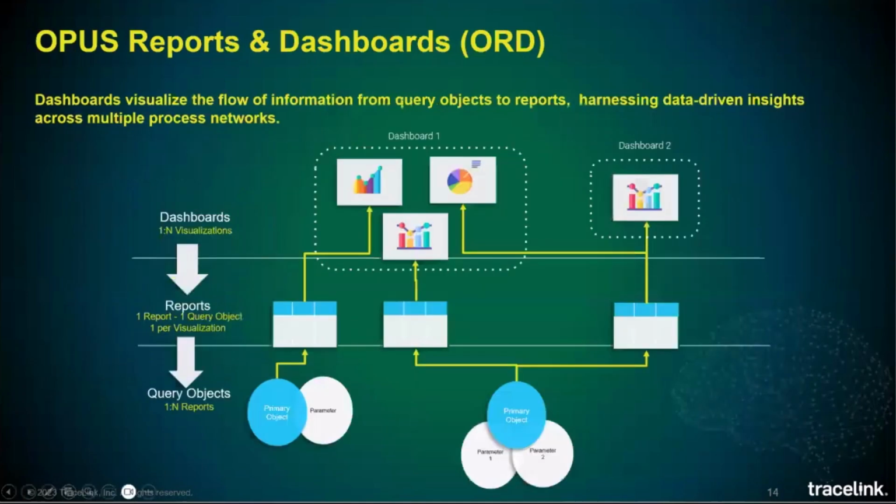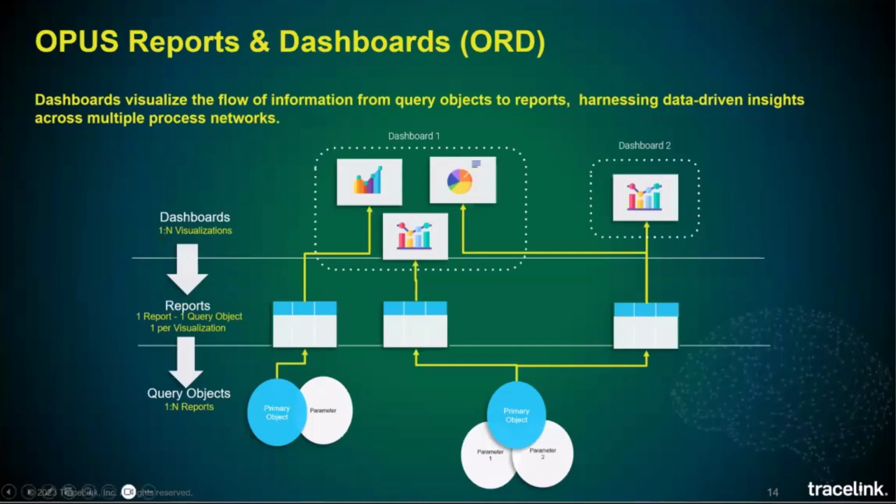And to wrap up from a slide standpoint, it's really all based on query objects. So we start at the bottom and work our way up. We'll need to define our query objects, and we can have, in a sense, almost an unlimited number of query objects depending upon the requirements. Those can be based on just a single primary object, or on multiple objects, a primary, a secondary, tertiary, and so on, depending upon the report requirements.